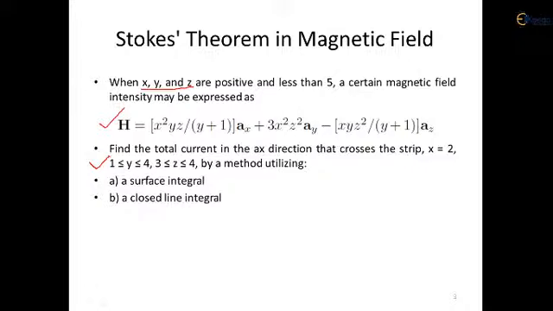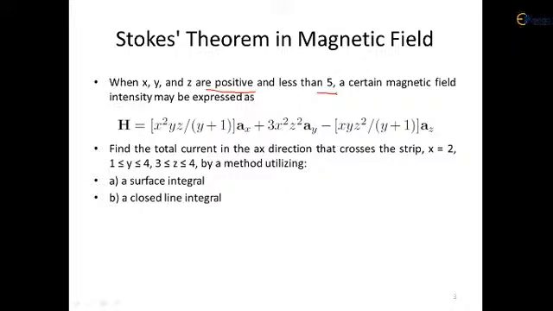This is the rectangular coordinate system, where the reference axes are X, Y and Z, mutually perpendicular to each other. Now it is considered to have positive directions only, and the ranges are less than 5.